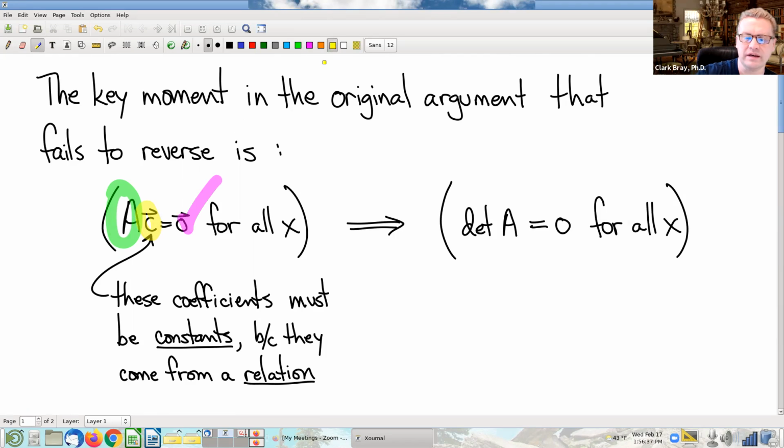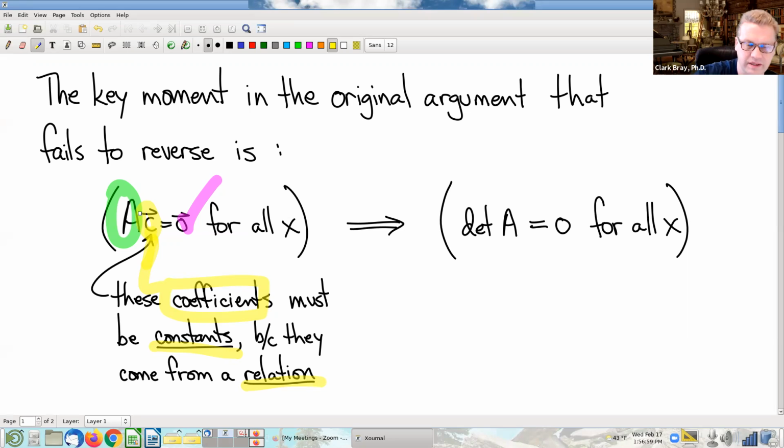And specifically, these coefficients were not just any old numbers. These were constants. They had to be constants because they came from a relation between functions. Again, originally we were looking at a relation between functions. The coefficients have to be constants.